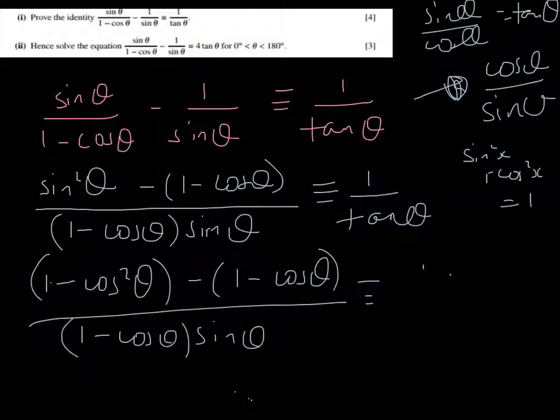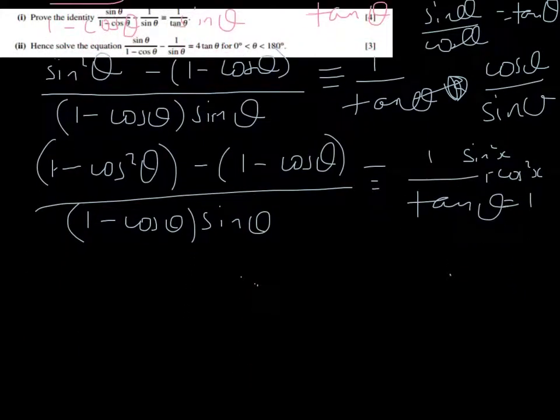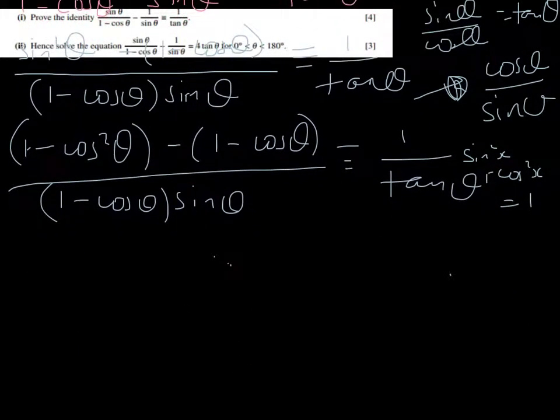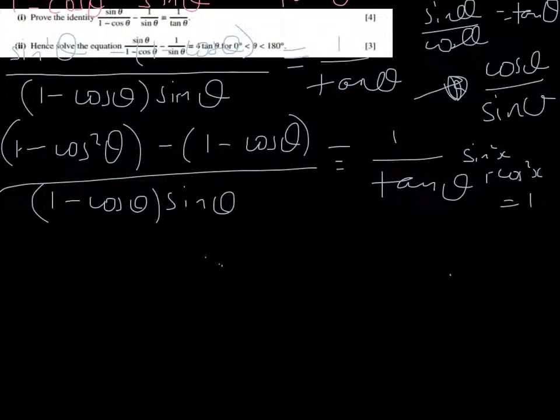Okay, so it's still not tied up yet, but now I can probably do something with this. I'm just going to move this up so I've got a bit more space. There we go. Let's tidy up the top of this. I've got 1 minus 1, so that's going to be 0.